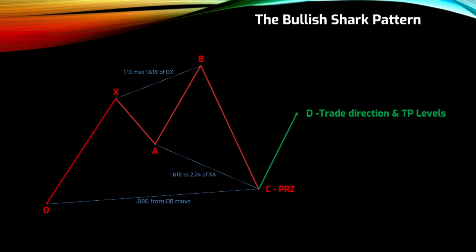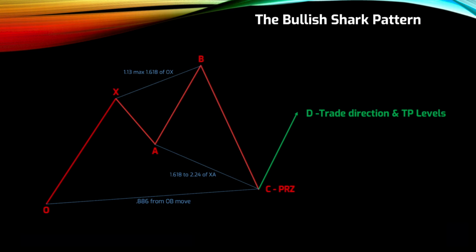We have a pullback of whatever distance that is, but we need to get in at that point and draw a fib extension from O to X, because the A to B move will be in that extension between a 1.13 and a 1.618 of O and X. The B to C move will then drop right into the zone, as you'll see more shortly, of a 1.618 to a 2.24 extension of X to A. Now that's the zone.